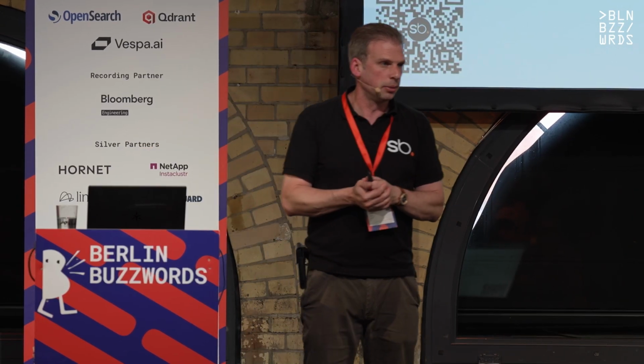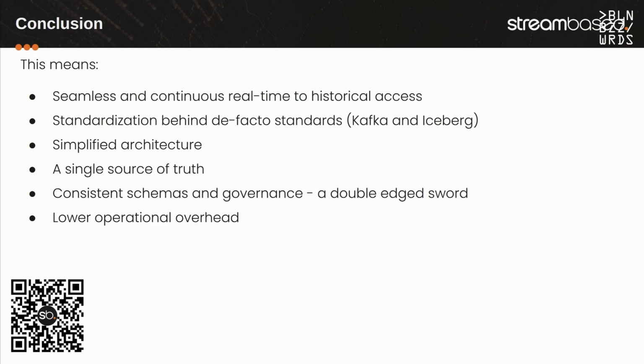And the only slide you really need to pay attention to: what this means for your future architectures. You're going to get seamless, real-time, and historical access to data. The seamless is important. There's no longer what we call the ETL wall, where you go, here's my operational data, chuck it over, you care about that. I don't care about what you do on the other side of the wall.